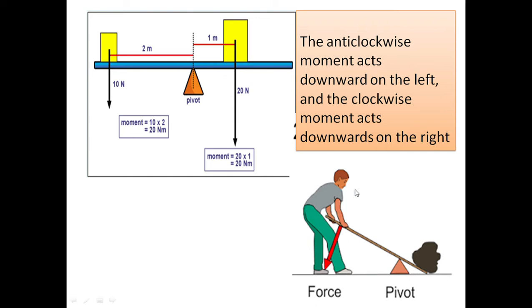Now, another example is shown here where rotation takes place. Raising a rock using a crowbar, and the pivot is shown here. This person is applying a force perpendicular to the plank.